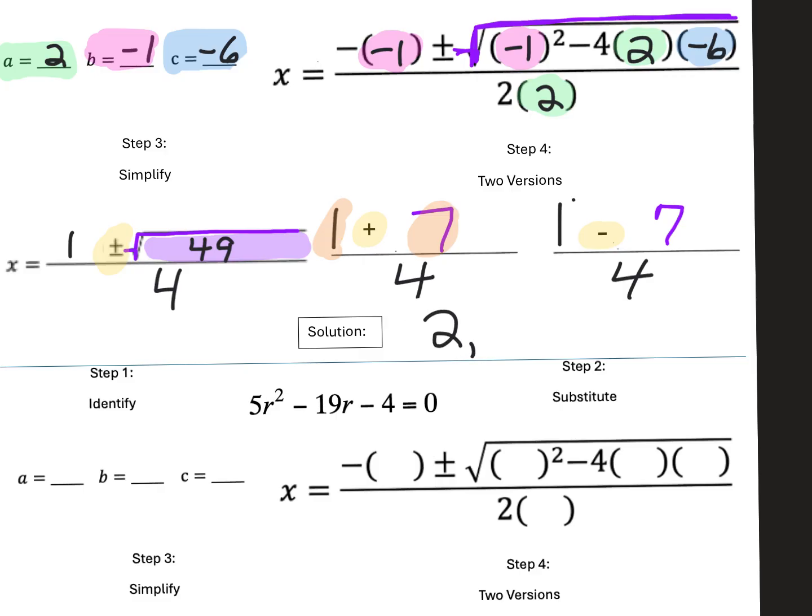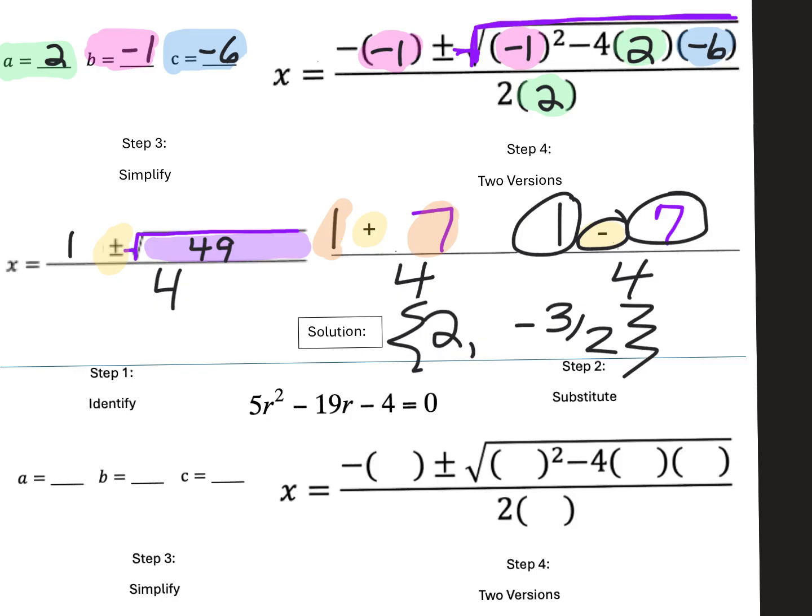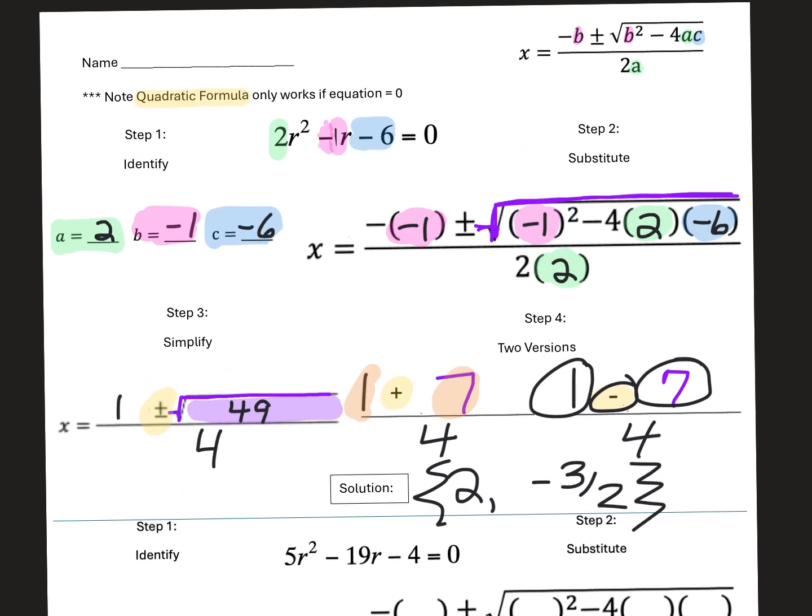And in my other solution, 1 minus 7 is negative 6. Negative 6 divided by 4 is negative 3 over 2. So I take my 2 solutions, put them into the curly braces, and that's it. You are done with your first quadratic formula problem.